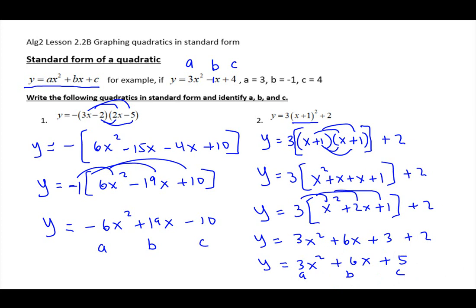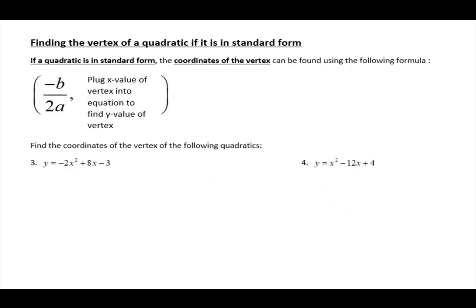Okay? All right, now anytime a quadratic is in standard form and you need to find the vertex for whatever reason, there's a very simple formula you can use. This right here gives you the coordinates of the vertex. The -b over 2a gives you the x value of the vertex.